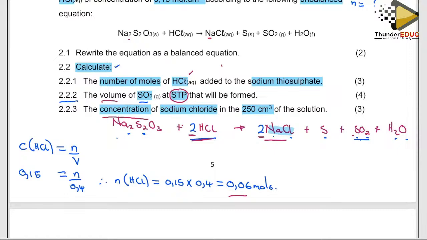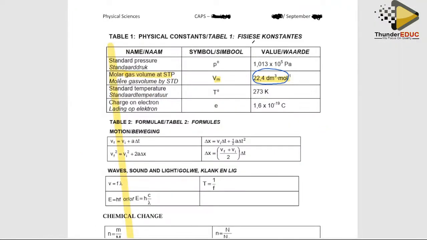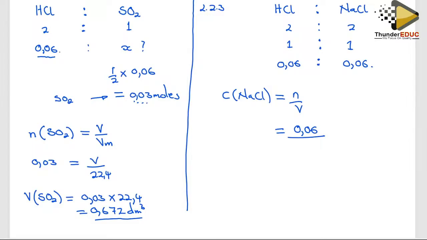The volume is given in cubic centimeters. Therefore, we are supposed to convert to dm cubed, right? So 250 divided by 1,000, we're going to get a value of 0.25, right? So this is now in dm cubed.